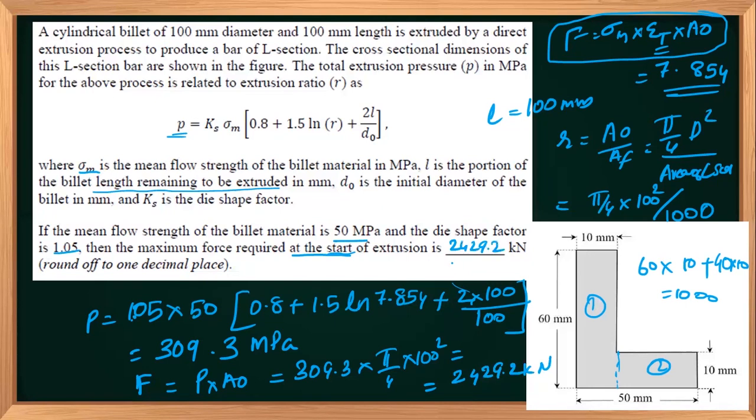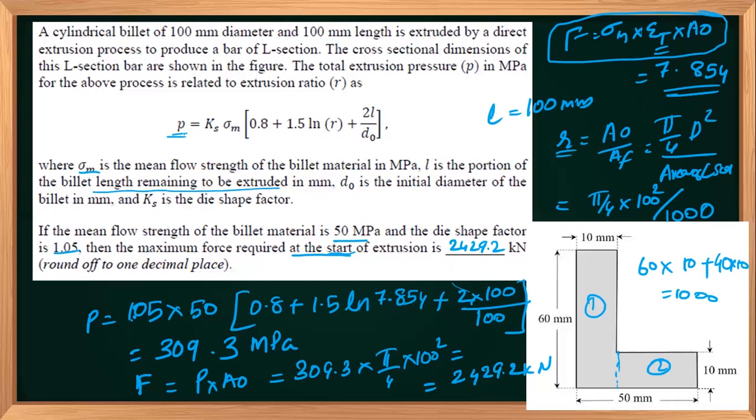I'm prone to this kind of numerical mistake in calculating things, so you can check whether your answer is right. Some error could be possible. I'm not eliminating all the possibilities of error that happen through the calculation. Okay, fine. I hope you understand this. The only thing is, you have to find out the extrusion ratio.